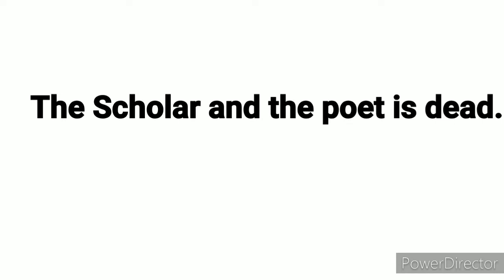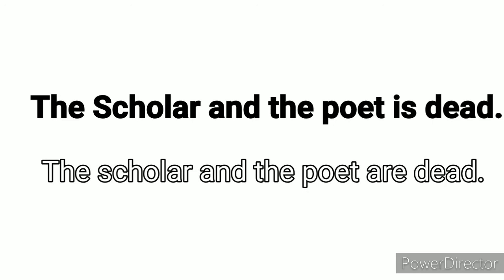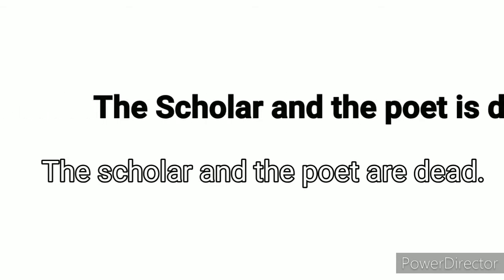This is one way of doing it, but if you are supposed to write the answers only according to the change of the verb, then in that case you will not remove the word the, instead you will make it are, because then both the people have died, they are two different people. The scholar and the poet are dead.